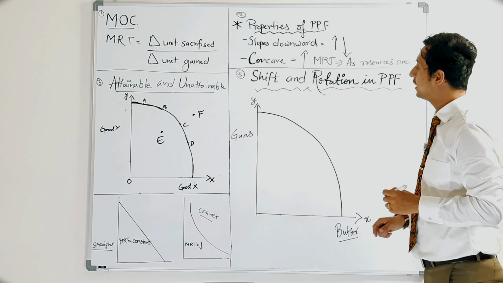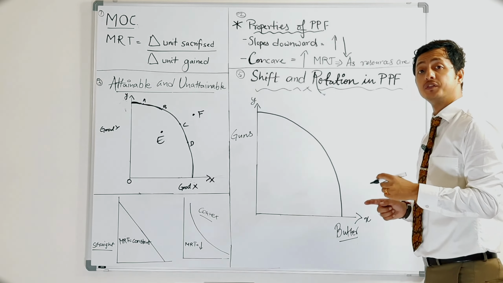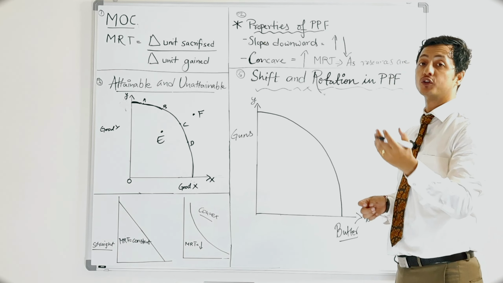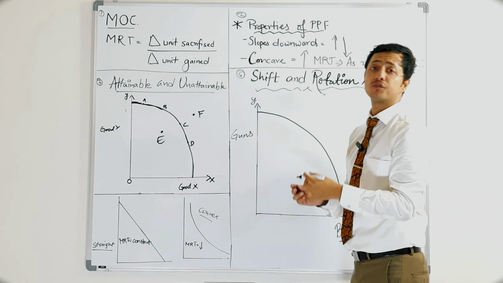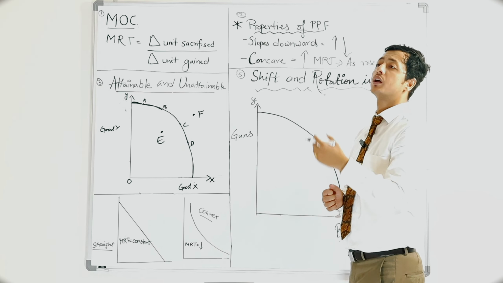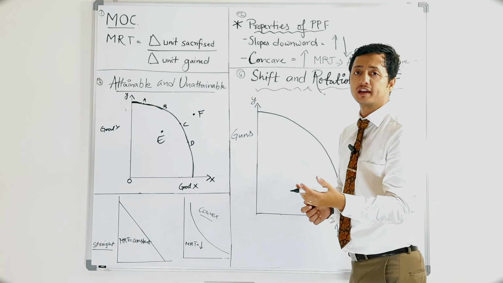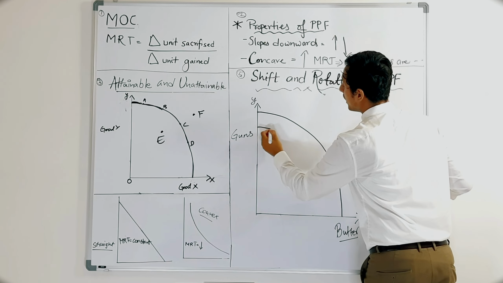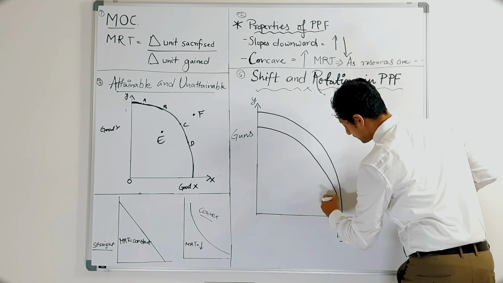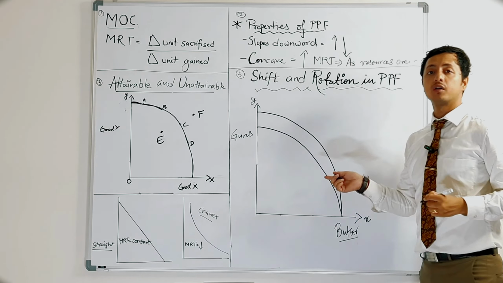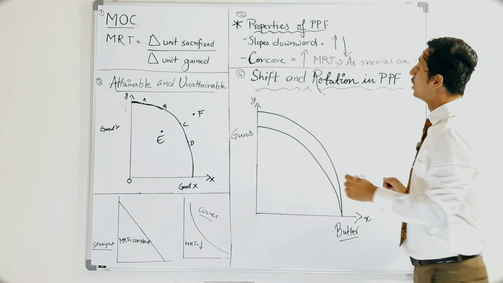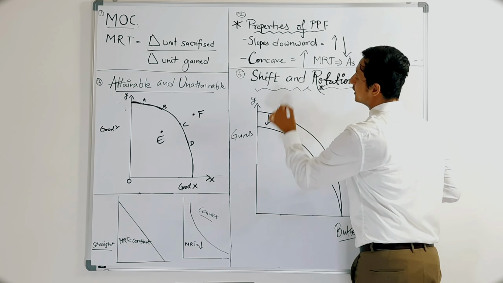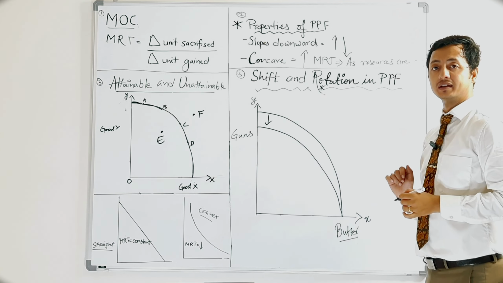Now, if the resources or the technology for producing guns decreases because of any factor like an earthquake or any natural calamities, then the production of guns will reduce while the production of butter remains the same. So the PPF curve will react in this manner. It will rotate. Okay, now we are discussing rotation. It will rotate inside, right?